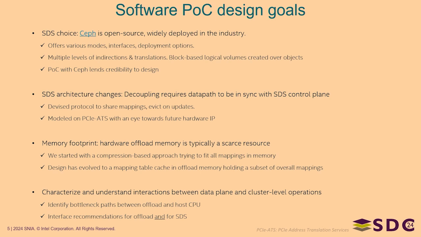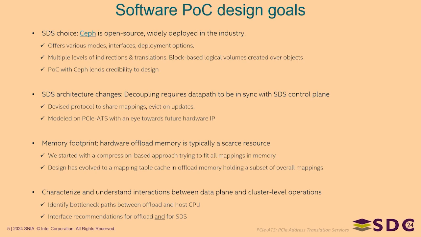Essentially, it's a mappings cache, and a subset of the overall logical to physical mappings are held in this companion module. And we think that gives us the sweet spot of being able to do a direct path and being able to keep in sync with the SDS, where it can yank the mappings as it needs.